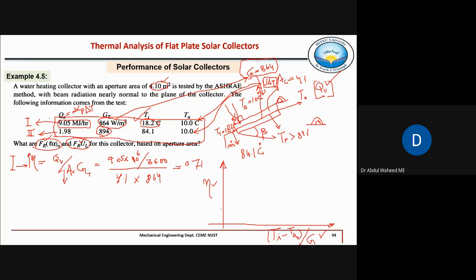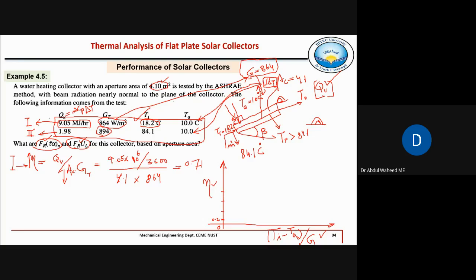So here you have the efficiency axis starting from 0, then 0.2, 0.4, 0.6, 0.8. Right.